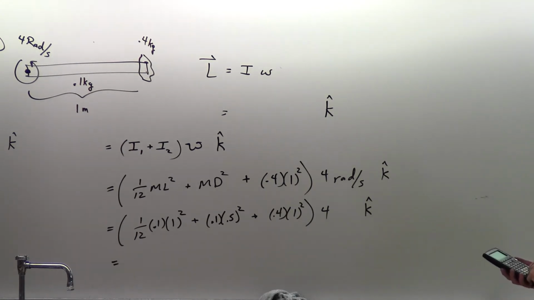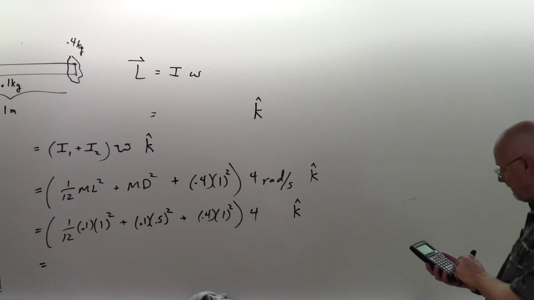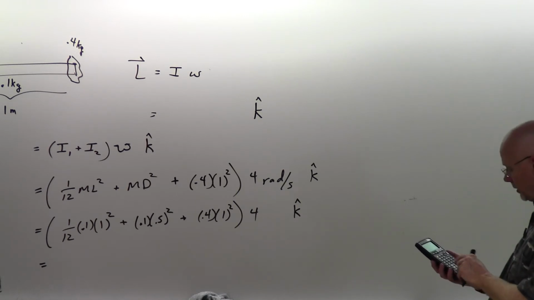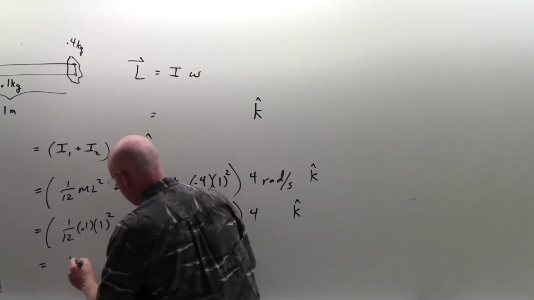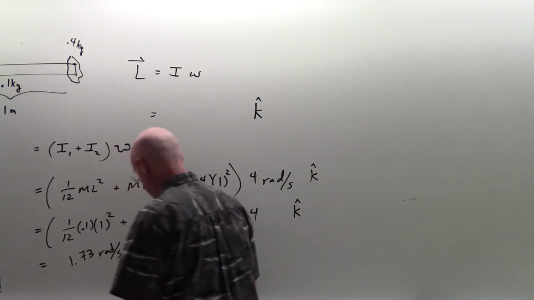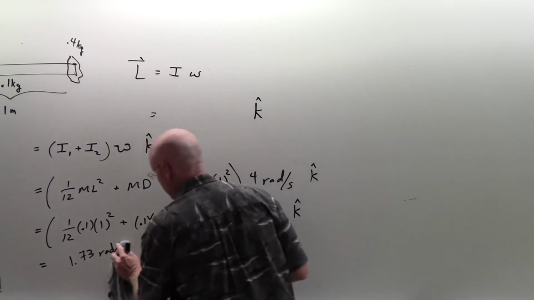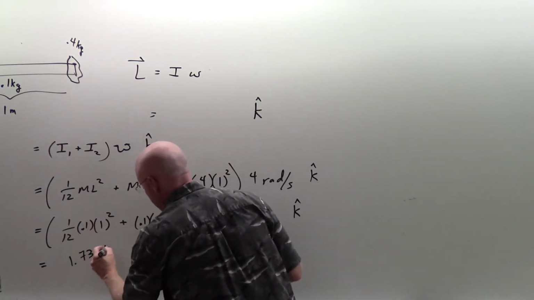So 1/12 times 0.1 times 1 squared added to 0.1 times 0.5 squared added to 0.4 times 1 squared, times 4, gives me a new and bigger value of 1.53. I'll drop the radians, and in terms of mass, I'll do kilograms.